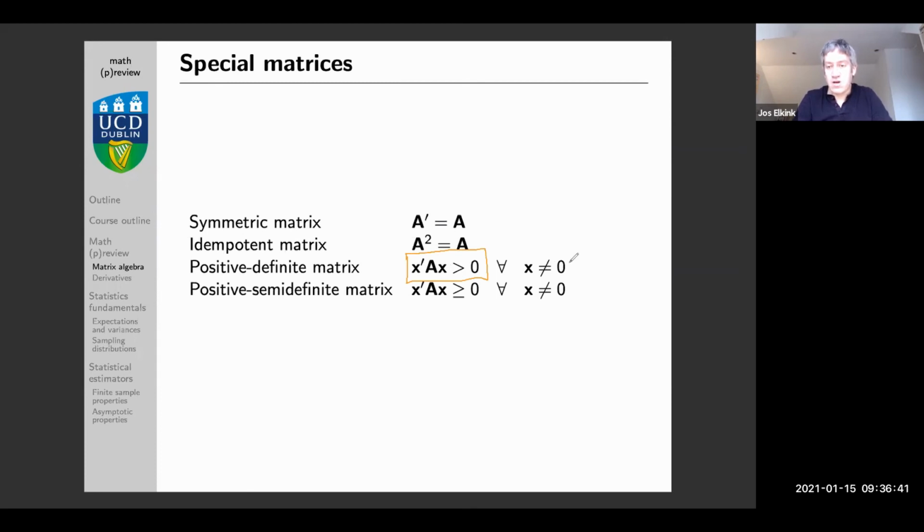But if you have a set of numbers in x that is not 0, and you take it as a row vector, multiply it with a matrix, and then multiply it with a column vector, then you get a single number. So this results in a single number, and that number is going to be always positive.